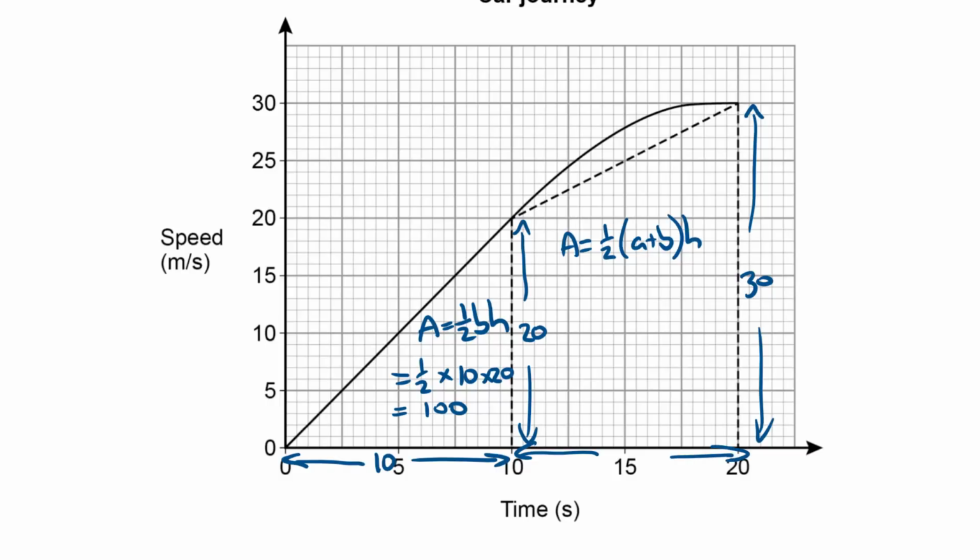Distance between 10 and 20 is 10. Okay, so my area here is going to be a half 20 plus 30 times by 10. 20 plus 30 is 50, half of 50 is 25, and 25 times 10 is 250.